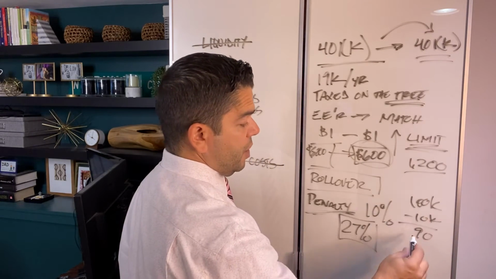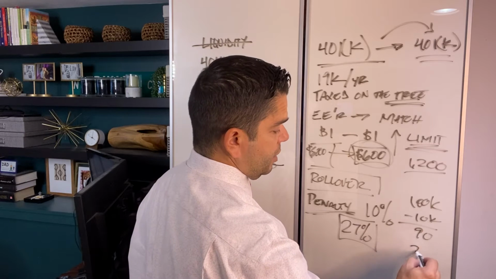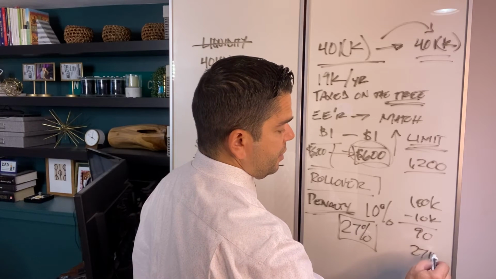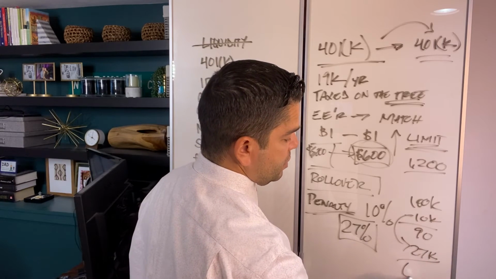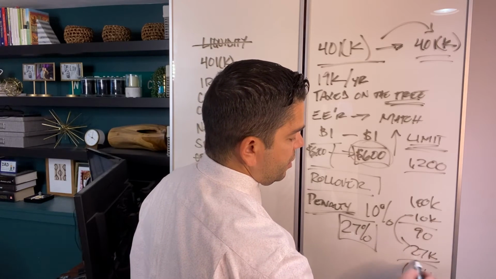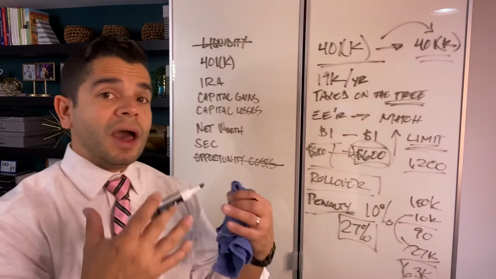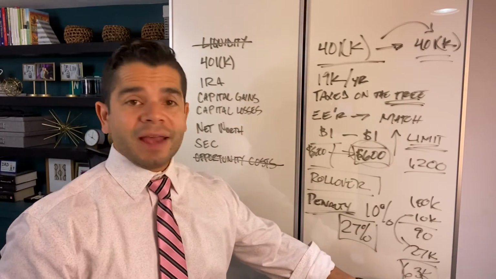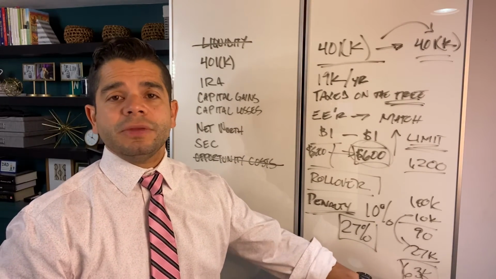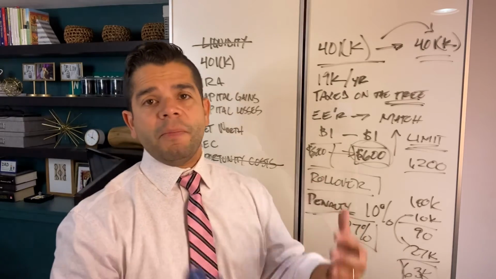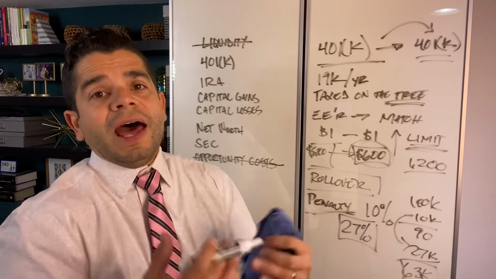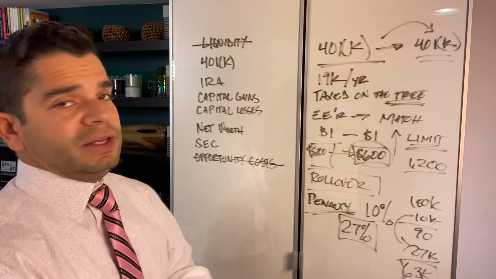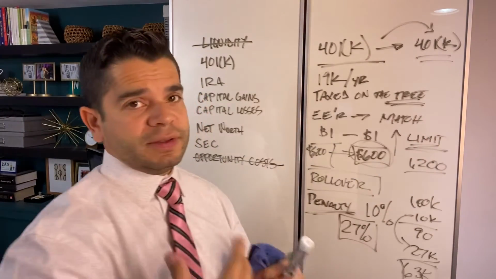But because you took out the 100, you're also going to have a deduction of $27,000. That's actually 37 out, which leaves you with $63,000. So you took out $100,000, but you were only able to utilize $63,000. That's a big, big penalty, and it gets really expensive. So it's not in your interest to take money out of your 401k before it's time.